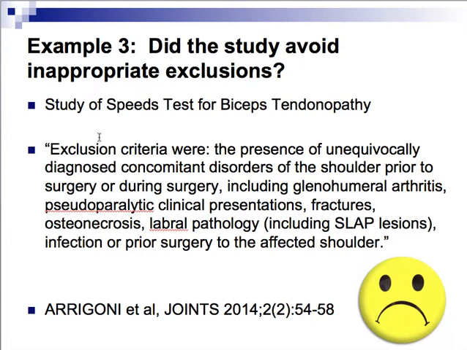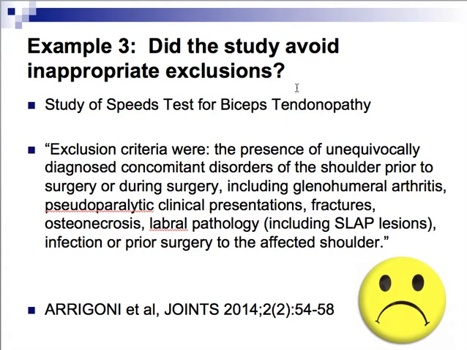And so this is an example of an article done on shoulder problems where they're looking at diagnosing biceps tendinopathy. And we can see here there's a long list of exclusion criteria. So disorders of the shoulder prior to surgery, including clinical arthritis, pseudoparalytic clinical presentations, fractures, labral pathology, infection or surgery to the affected shoulder.